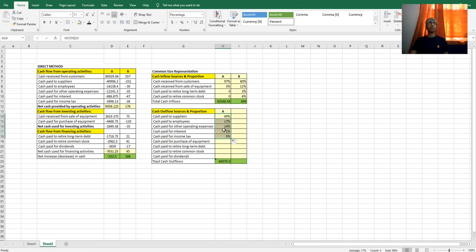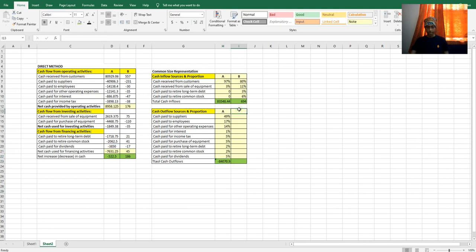It's 17%, 14%, 1%, 5%. Purchase of equipment, this is this by this. 5%, 2%. We lock the total value, because there are consecutive negative values, we take advantage of it. So 2%, 2%, 5%. Common stock, dividends paid.